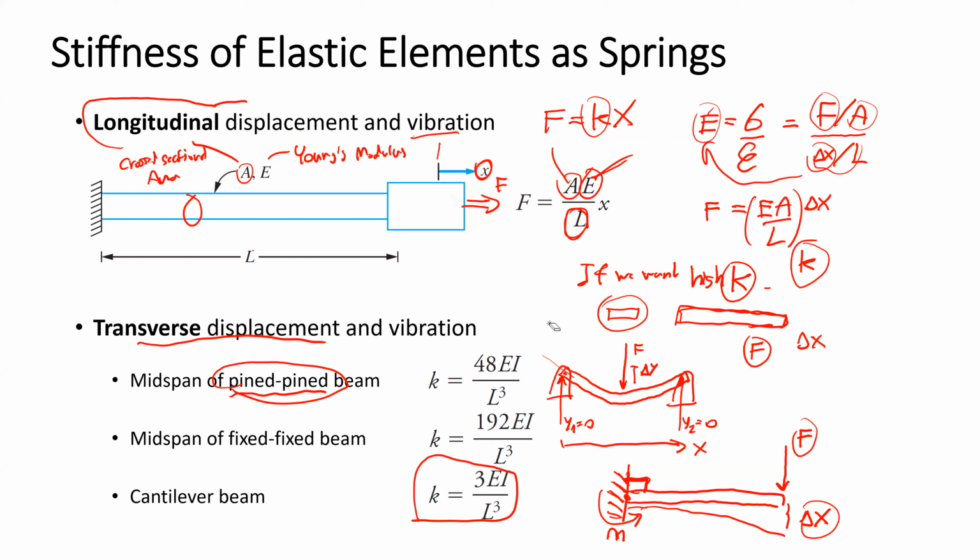For the pin support, y equal to 0, but the dy by dx when y equal to 0 doesn't need to be 0.